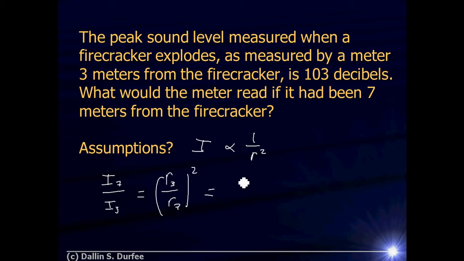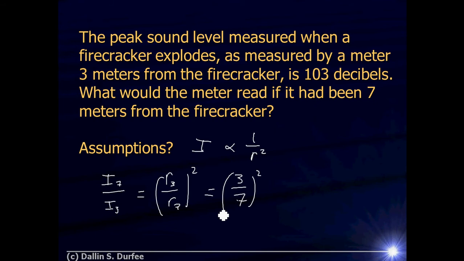So basically 3 over 7 squared. So there's the ratio of the intensities. That's how much the intensity will go down by if I move from 3 meters to 7 meters away. But then how do I turn that into decibels?